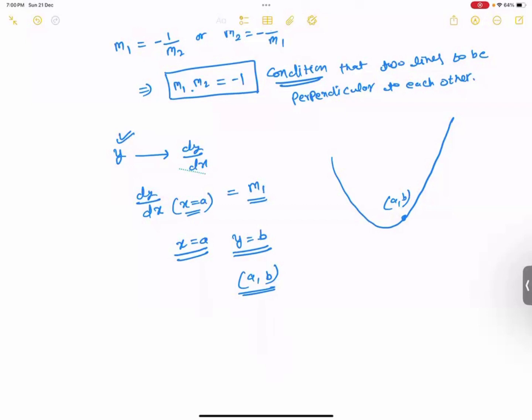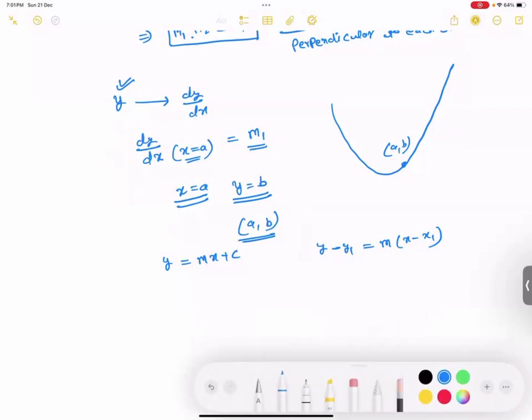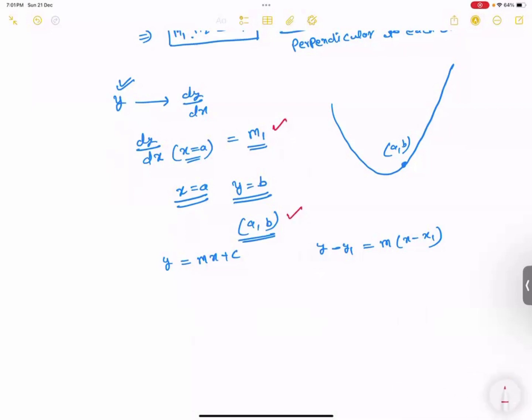This is a coordinate on the curve. And after that, we will use the equation either y is equal to mx plus c, or maybe we can use y minus y1 is equal to m times x minus x1. So m is the derivative that we have already found. So these two are the important points for us to find the equation of the tangent.